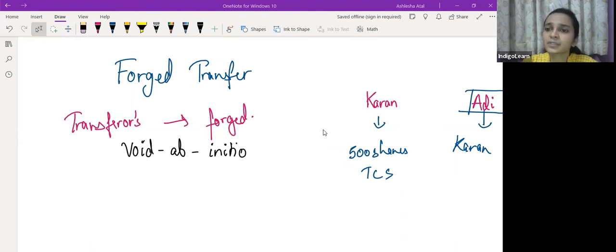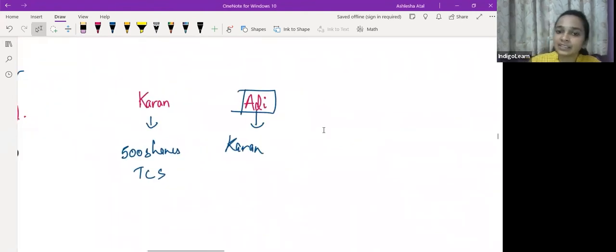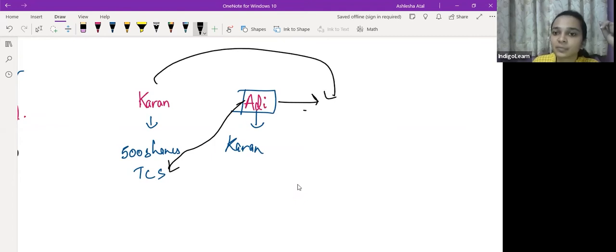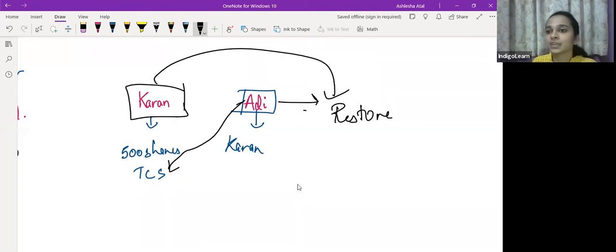So even if a forged transfer gets registered, here in our example Adi has filed this transfer deed with TCS and Adi's name has been entered in the register of members. Say later Karan goes to the company and tells the company to restore my name in the register of members, this was not a valid transfer, it was forged. In that situation, the company will have to restore Karan's name in the register. So a forged transfer is void since its beginning, it has no validity at all.